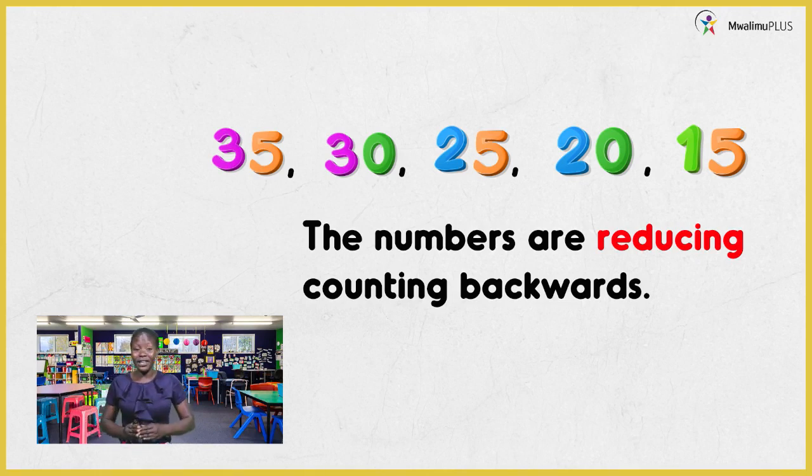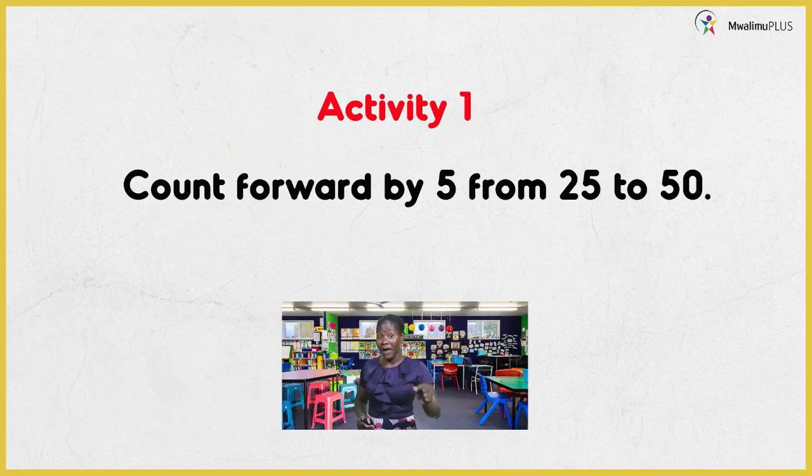Let's look at different examples. The first activity here, count forward by 5 from 25 to 50. Here we have the specific numbers that we want to count forward by. We have 25 and 50.